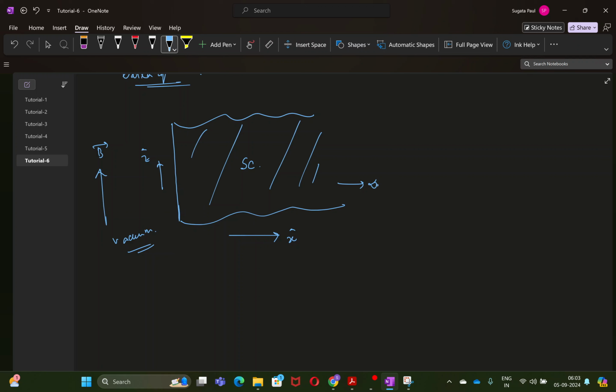So if the superconducting plate is taken to be in the xz plane, and the external magnetic field applied on the superconducting plate is along the z direction, then you have to find the magnetic field, or magnetic flux basically, as you move in the x direction and go inside the superconductor.